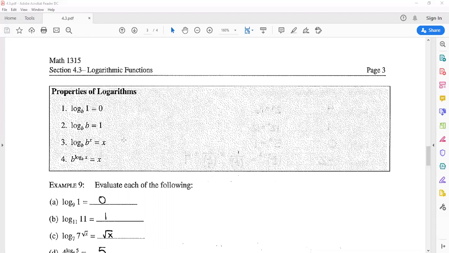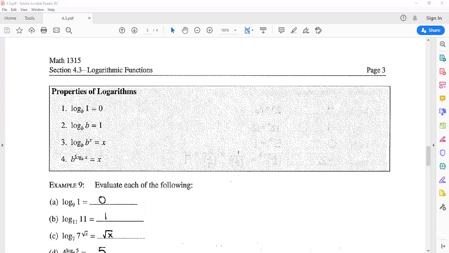Namely, that log base b of b to the x equals x. The next one of these facts says b to the log base b of x equals x. Well, this one might take a little bit of unpacking. Here we have log base b of x. This is just supposed to be one number, so let's call it y.